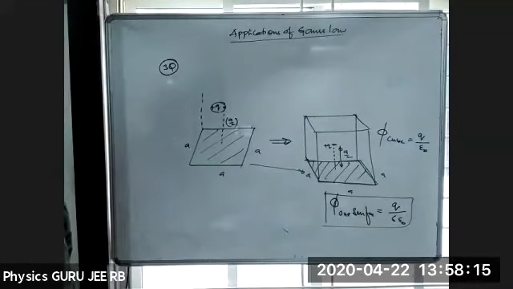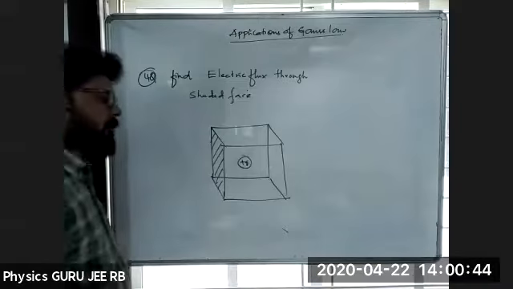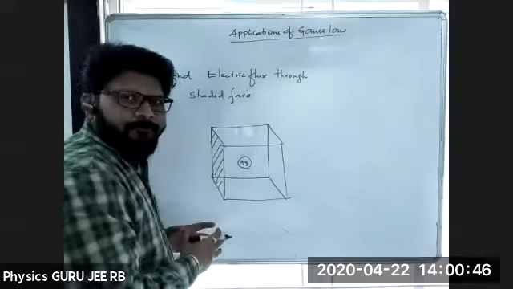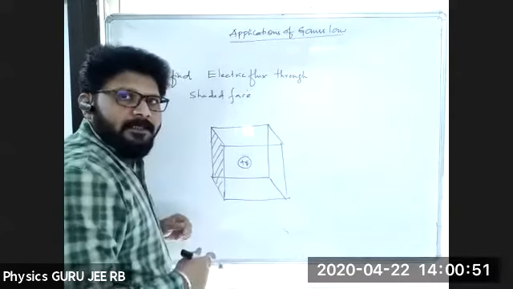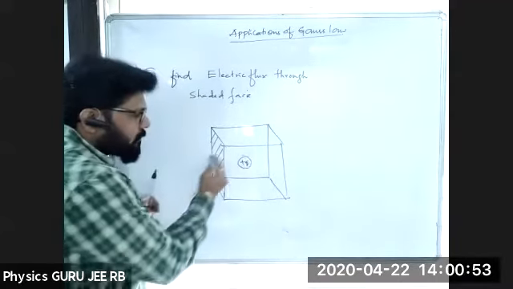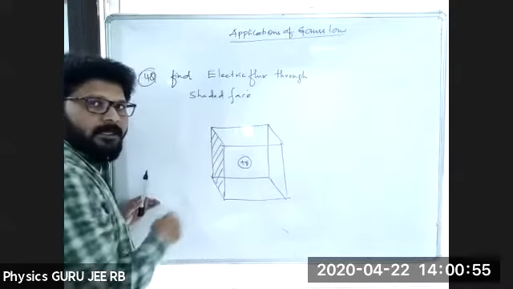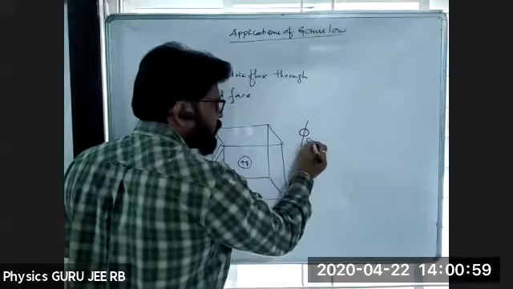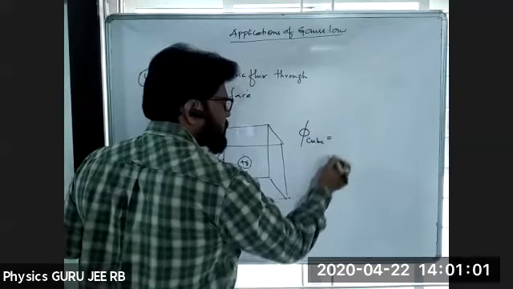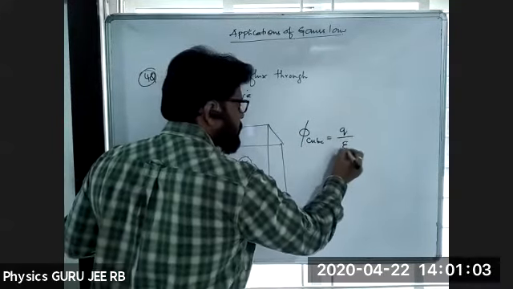Just take a screenshot. Face of a cube. There is a cube and a charge is placed at the center. When the charge is placed at the center, we would like to calculate the flux through this shaded part. The flux through the closed surface or cube, we know, is Q by epsilon naught.